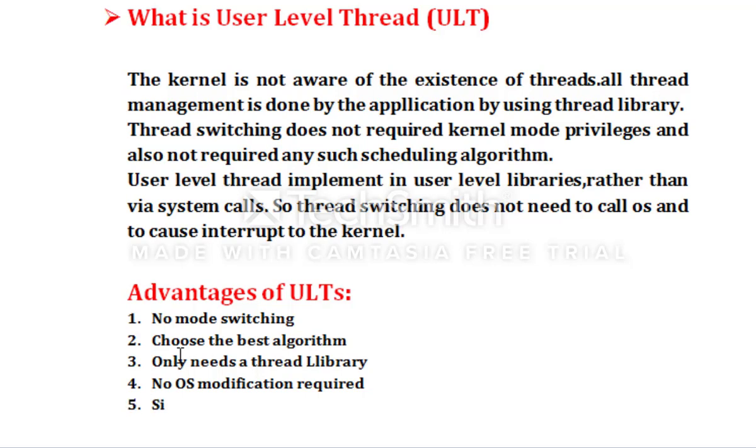Fifth is simple representation. It is very easy: each thread is represented simply by a PC, program counter, maybe a simple register, maybe the stack and a small control block, all stored in the user process address space.